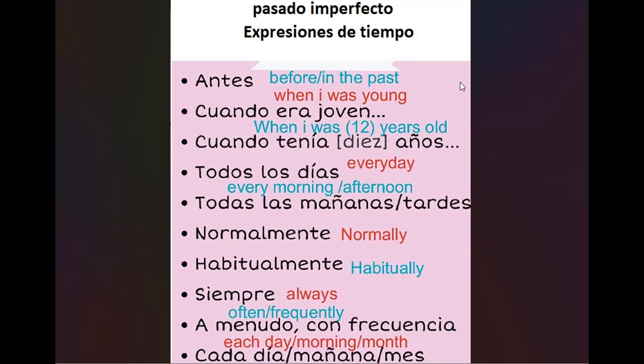So here it says, antes yo comía. Remember the conjugations. Remember that most of the verbs are regular. Comer is a regular verb. So, antes yo comía muchos dulces. So, in the past, I used to eat many candy. Okay?